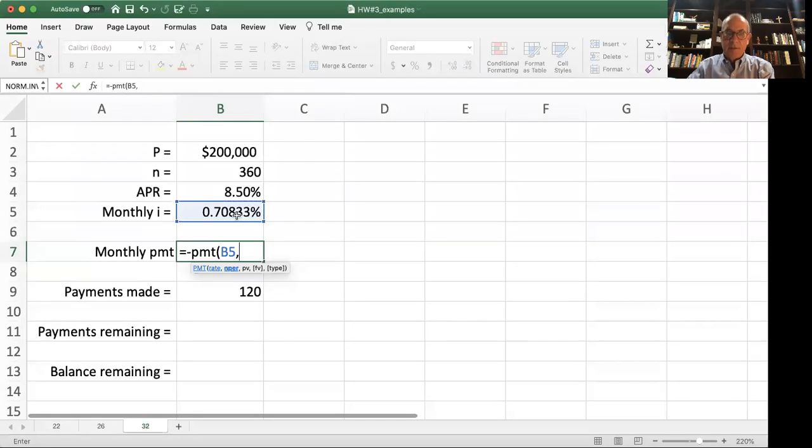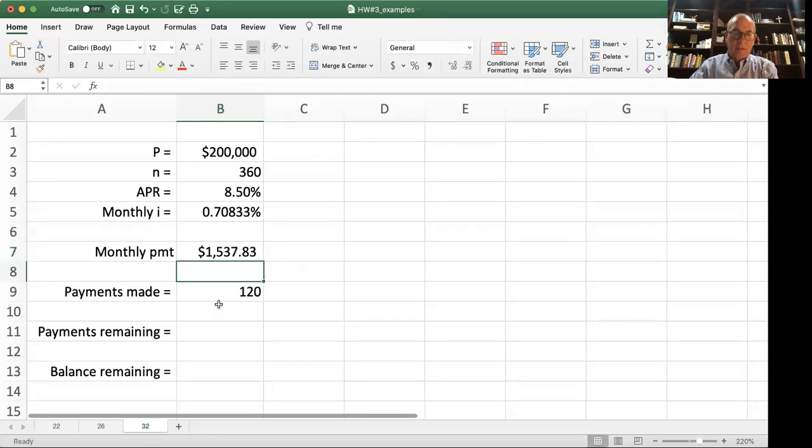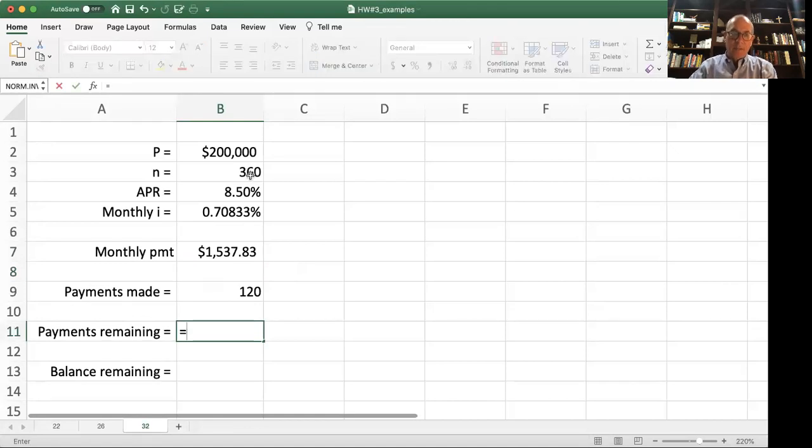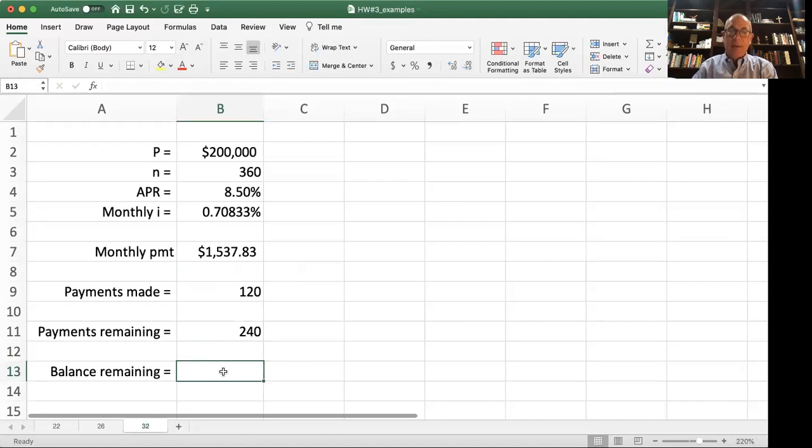rate, periods, present value. There's my payments. Now the number of payments that I've made is 120. The number of payments remaining will be the number to begin minus the number of payments made. We have 240 remaining. And the balance remaining, remember, is a present value calculation, equal to negative PV.